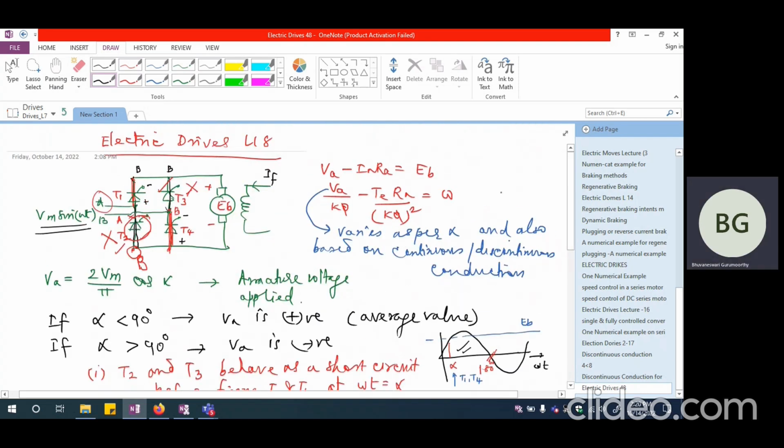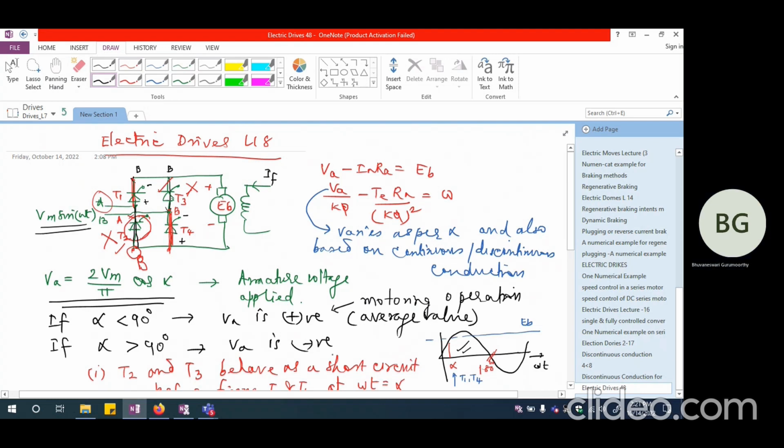Okay. So if you look at this expression, when we talked about VA equal to 2Vm by pi cos alpha, when alpha is less than 90, we said that VA is positive, and this is going to result in motoring operation. And if I am going to have alpha greater than 90, VA will be negative.